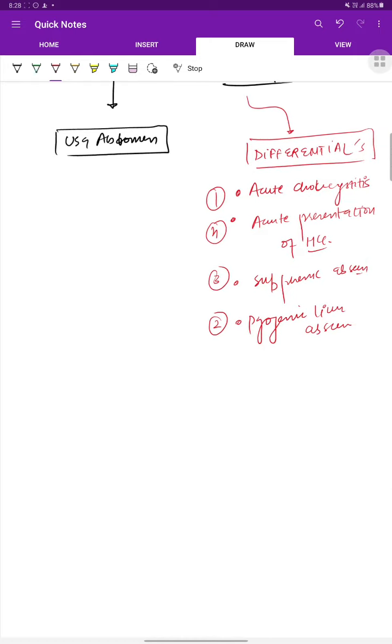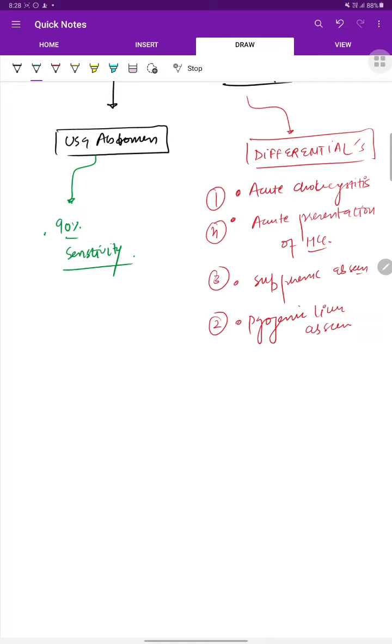Now we will jump into the USG, as we usually do. USG has 90% sensitivity that something is wrong in the liver, and it may be a liver abscess, because there is altered echogenicity; it is anechoic or hypoechoic.